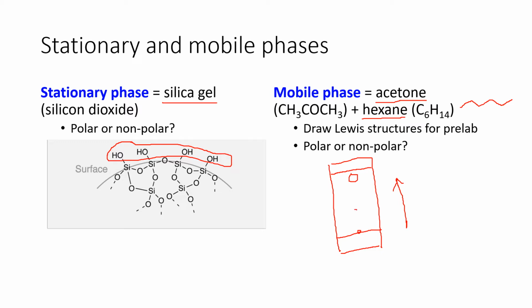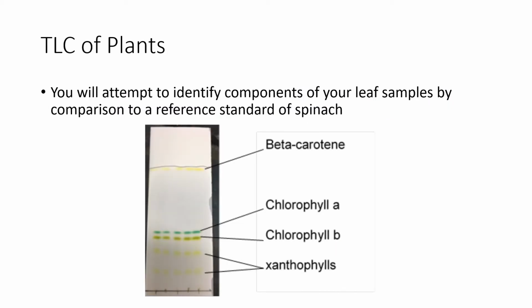The polar components will be attracted to the polar silica gel and will not move up as fast. So there are the slow moving spots right here at the bottom of the plate. This is actually a much nicer picture of a TLC plate than my drawing on the previous slide.